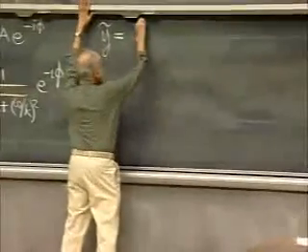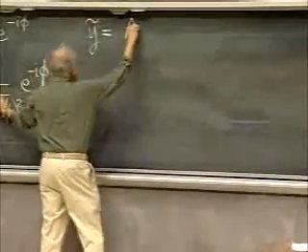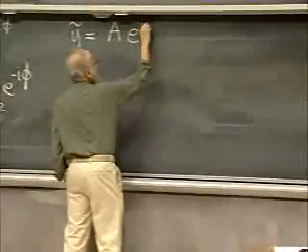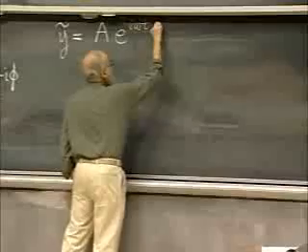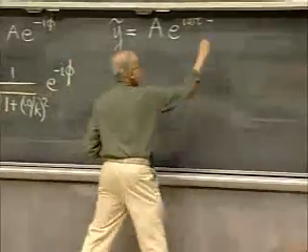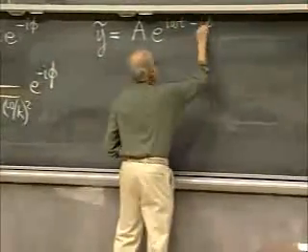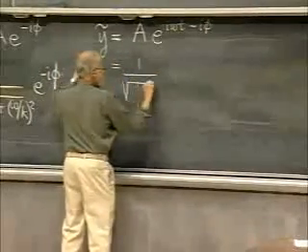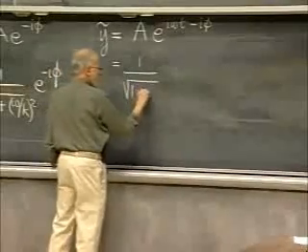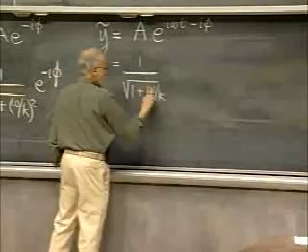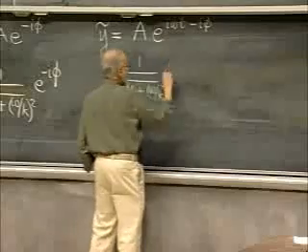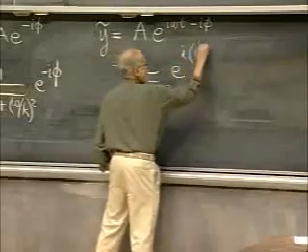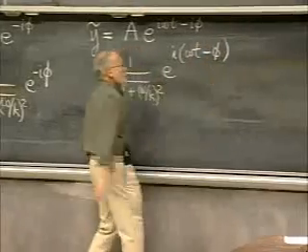So it's equal to A times e to the i omega t minus i times phi. Or in other words, the coefficient is 1 over, this is a real number now, the square root of 1 plus omega over k squared. And this is e to the, see if I get it right now. Okay.